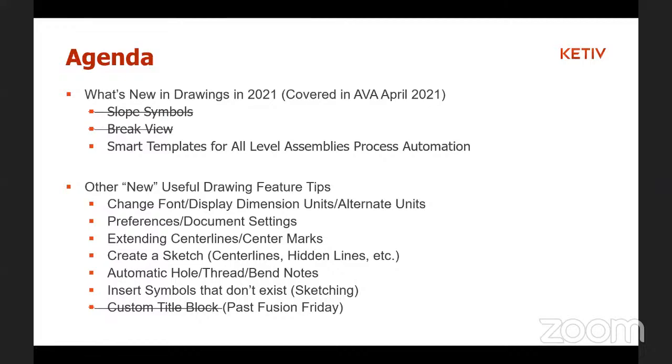Just know that some of these other resources exist. I don't want to have to show it all in one; I want to give you more knowledge outside of just this one webinar. If you don't want to use that link and you're watching this on YouTube later on, you can do a YouTube search of custom title blocks and type in AVA and KETIV, which is our company here.